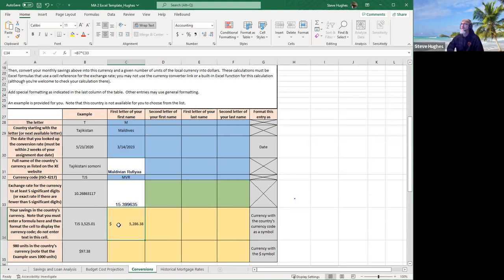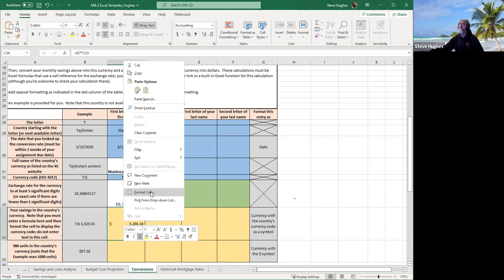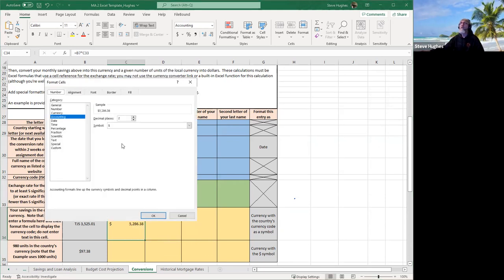But the problem is that I don't want it to be formatted to dollars. I want it to be formatted to the correct currency. So right click here, format my cell. I want to format currency. Now I got a whole bunch of things over here to consider.